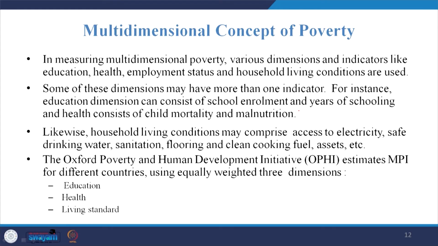And in measuring multidimensional poverty, we take various dimensions or indicators which affect the well-being of the society, the well-being of the poor people, like education, health, employment status, household living condition, etc. The Oxford Poverty and Human Development Initiative is a pioneer in measuring multidimensional poverty across the globe in different countries, and it considers 3 dimensions.